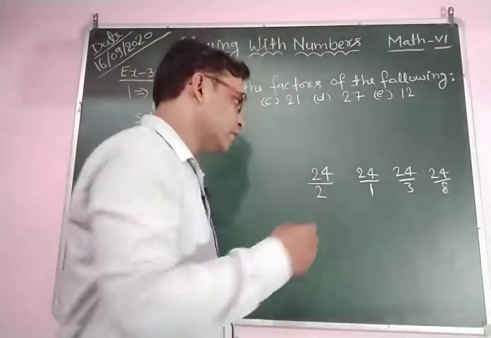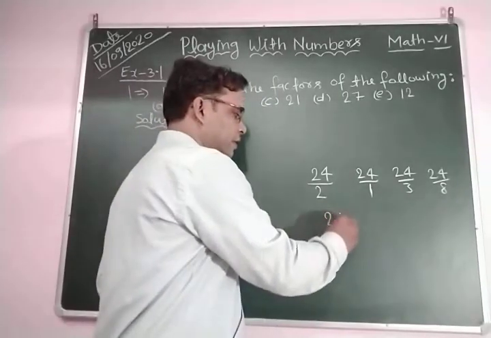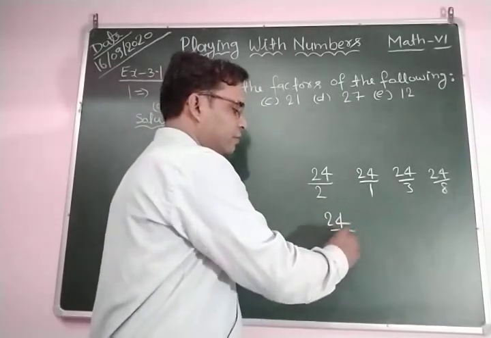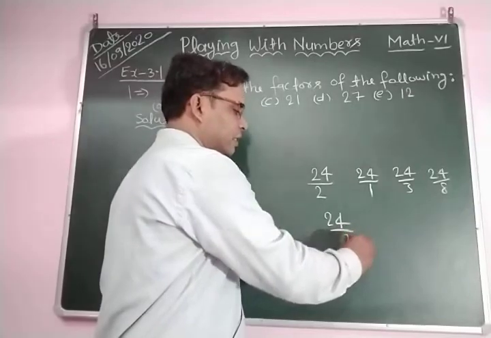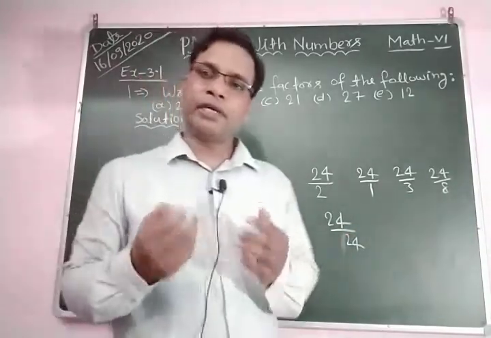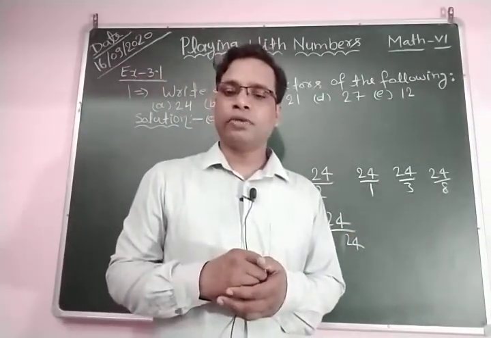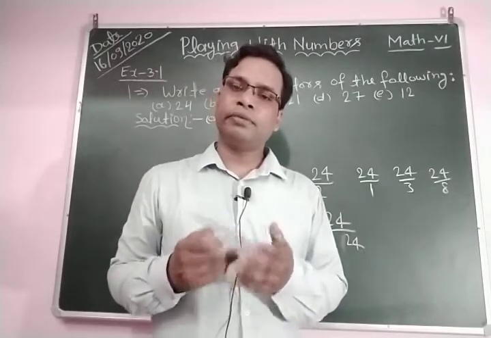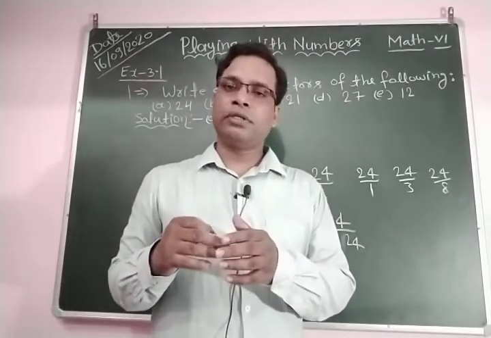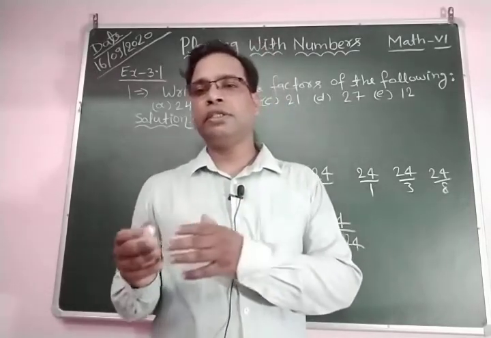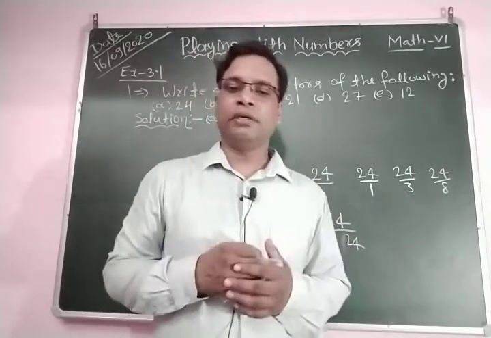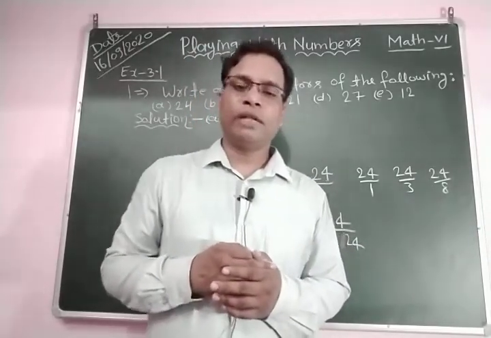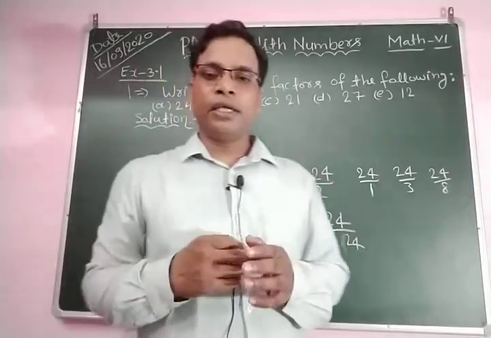So you can say 24 is a factor of itself. All those numbers that divide a number are factors of the given number. I hope all of you understood what factors are.